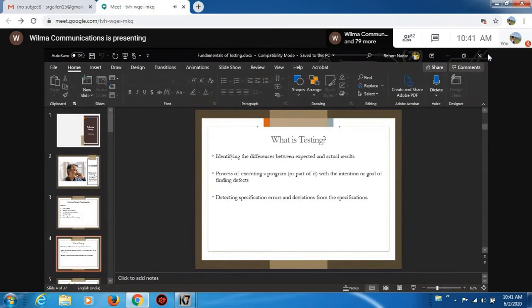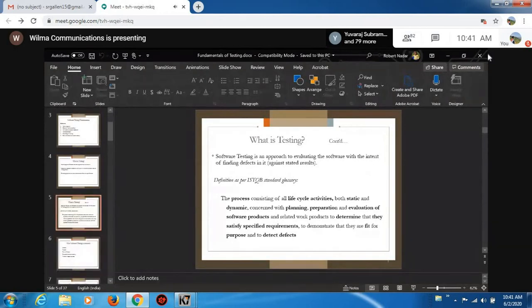Now here you can see one more software testing definition according to the ISTQB. ISTQB is the software testing quality board, which is basically a type of testing standard, like we have ISO standard, IEEE standard. Software testing also has one predefined set of standards, which is called the ISTQB standard. According to this ISTQB standard, testing is not only finding the defects.